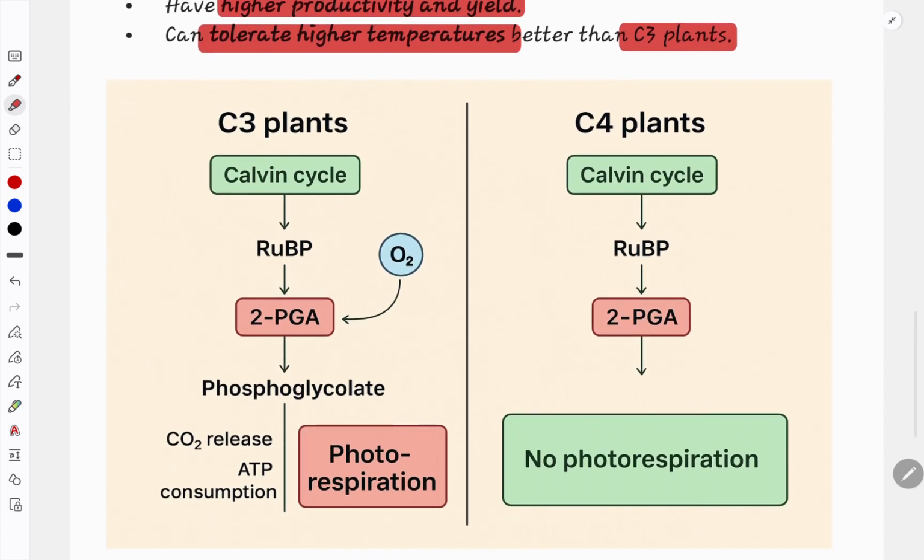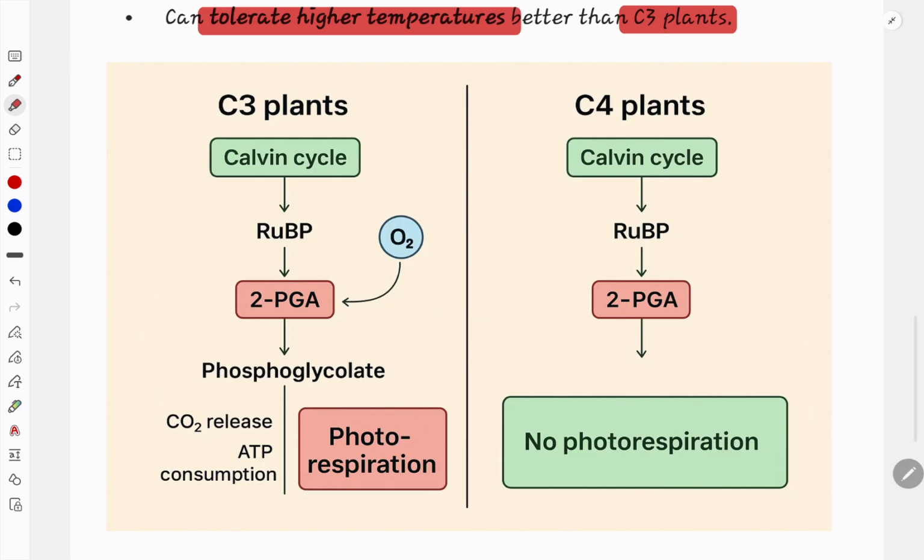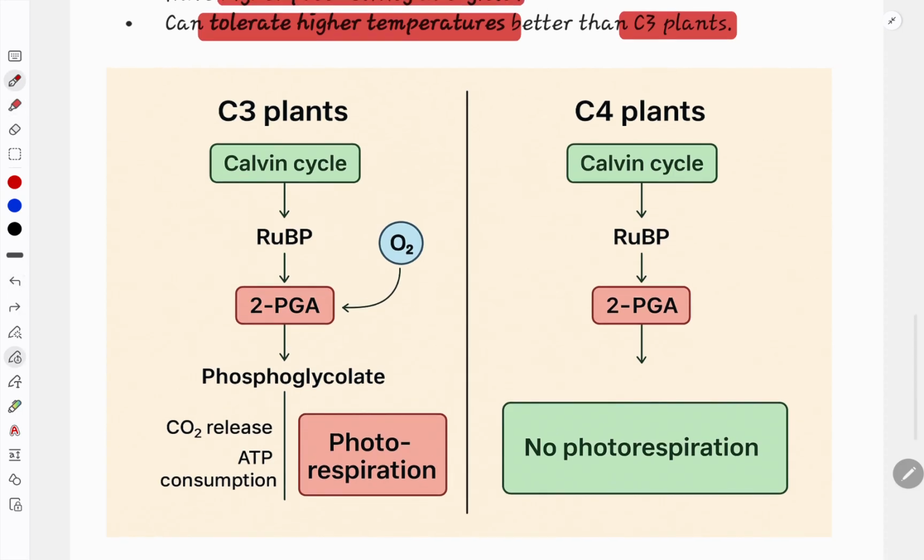Here is a visual representation of how C3 and C4 plants act on unavailability of carbon dioxide. In C3 plants, RuBP combines with O2 to produce two types of molecules.